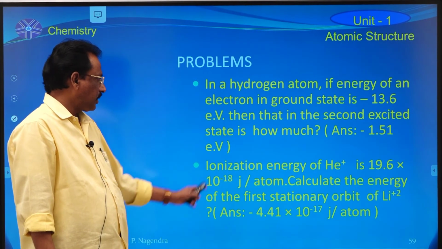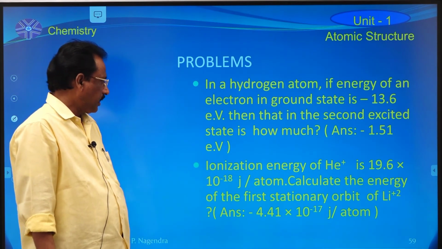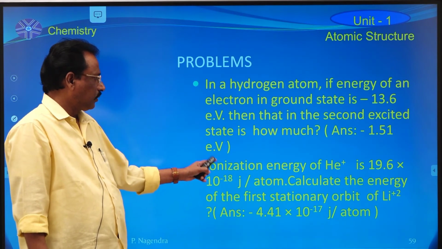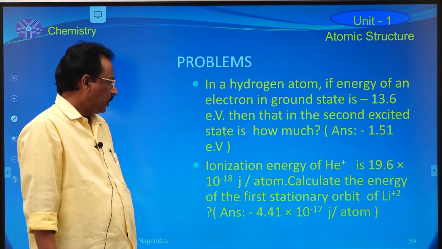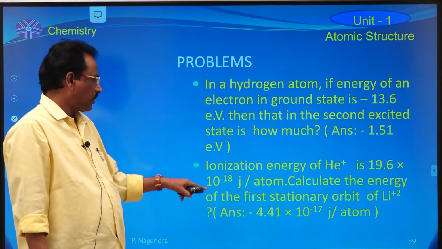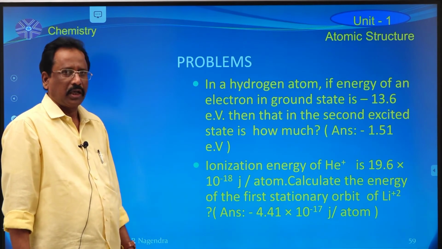Its ionization energy is given, which is equal to 19.6 into 10 power minus 18 joule per atom. Now calculate the energy of the first stationary orbit of Li plus 2 ion.